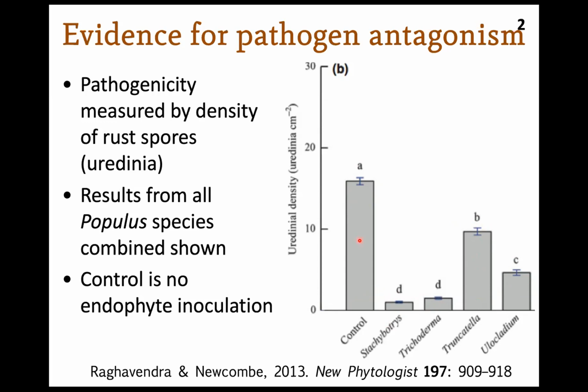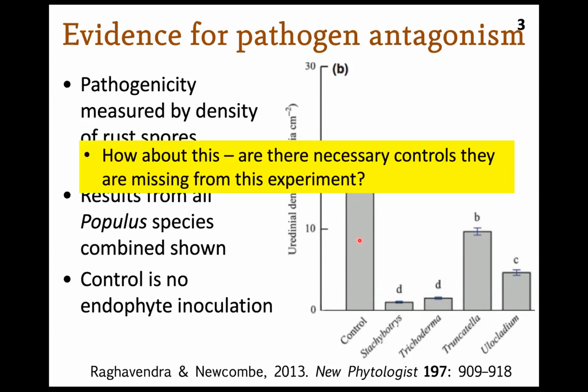The question I have, if we move to slide number 3, is what do you think about these results? Is their experimental design good? Are there necessary controls missing from this experiment that you need in order to conclude that these fungal endophytes provide protection to their host Populus trees against this fungal rust pathogen?